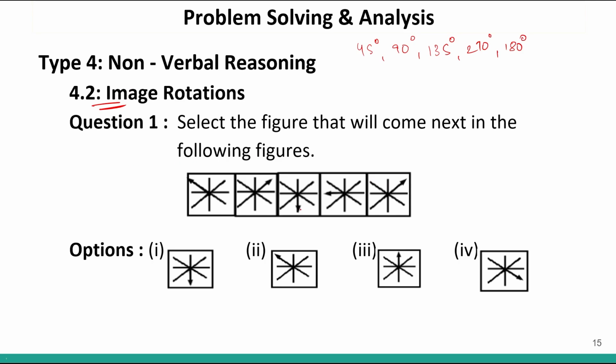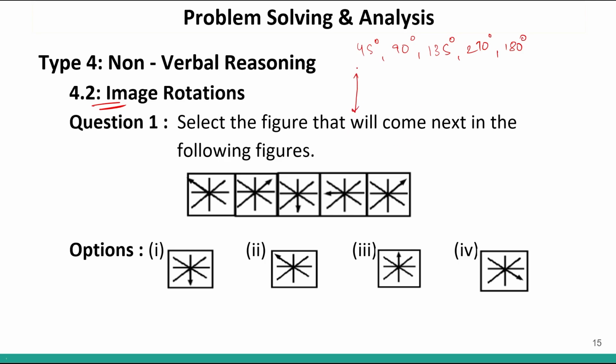Now if you look at this question, over here the arrow is facing this direction. This rotated by how much? 90 degrees. Again, from here, it went here. Now, another way to look at it.